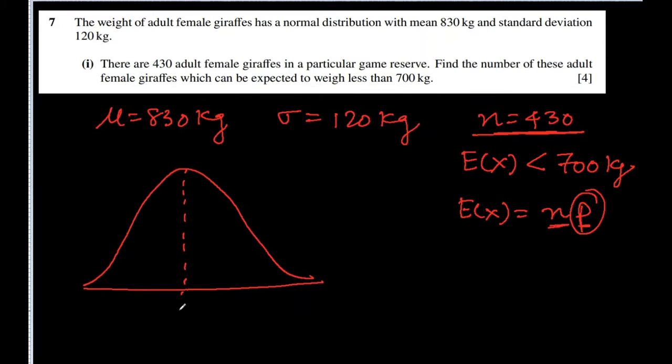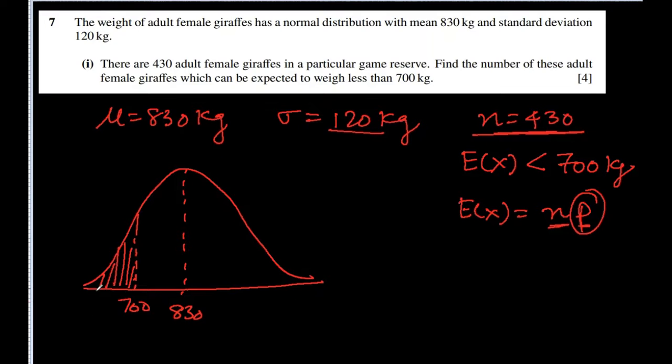So the mean is 830 kg here. Standard deviation is given 120 kg and they want less than 700. 700 will be much less than 830. So let's say 700 is here. We want the sum of probabilities in this area, basically the area under the curve less than 700. Okay.